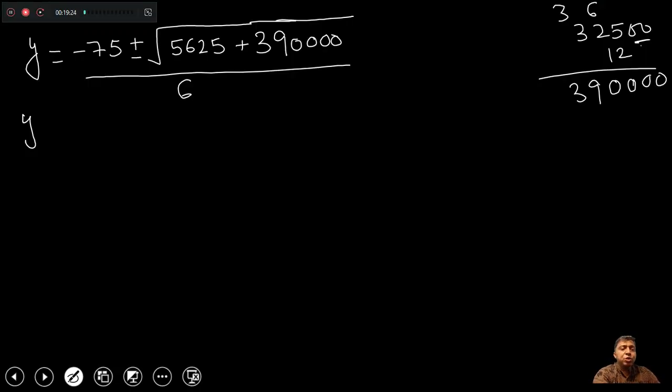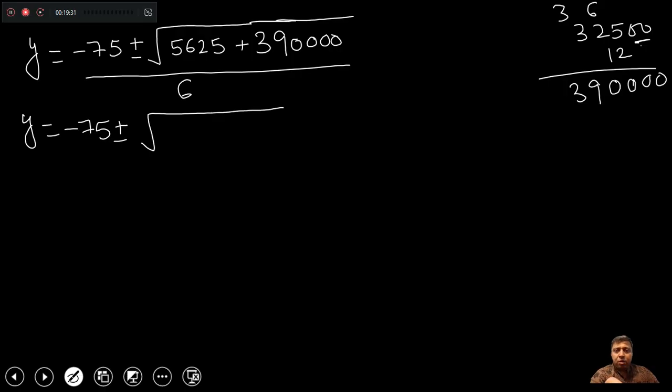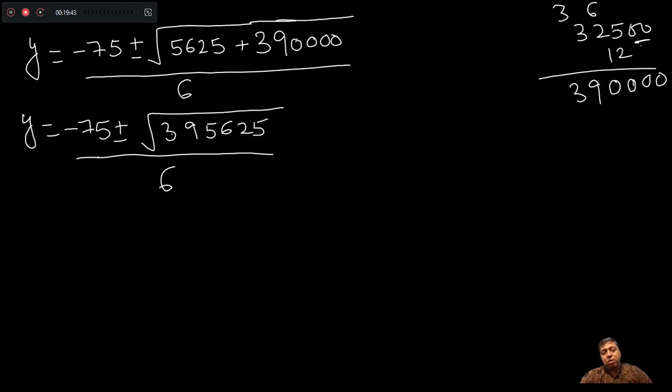So this becomes y is equal to minus 75 plus minus square root of 3,95,625 upon 6. Now that's a huge number, and so we will have a way to find out square root of this. Now you can actually find square root by factorization method.